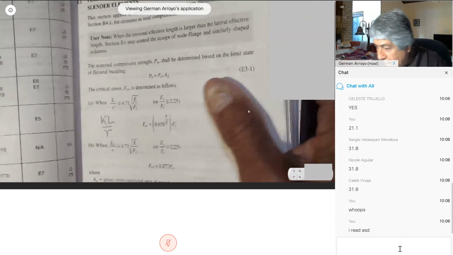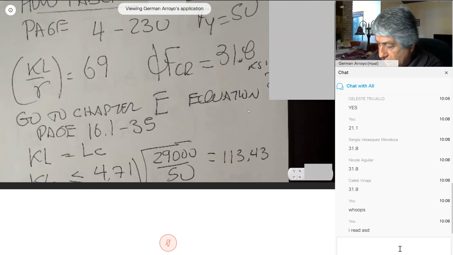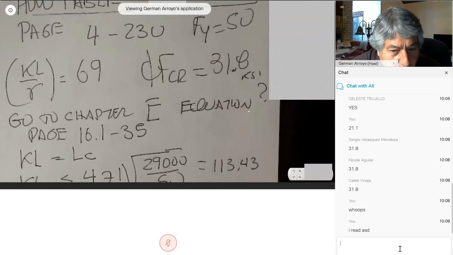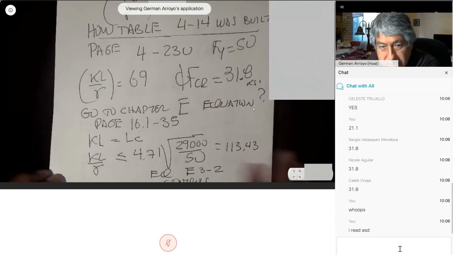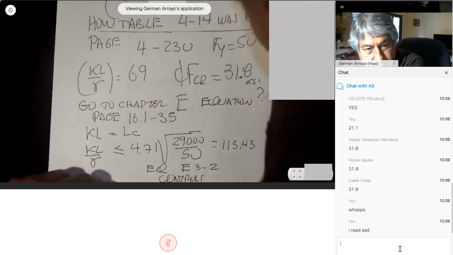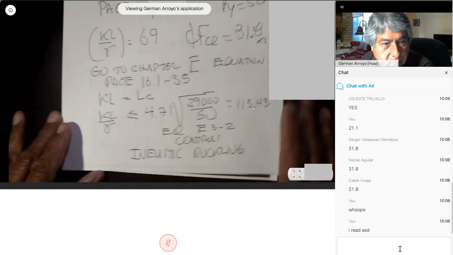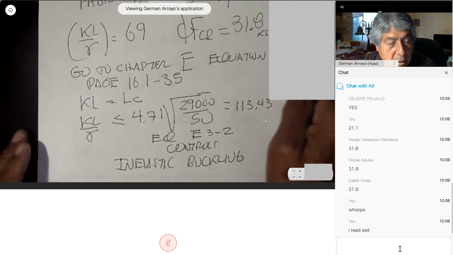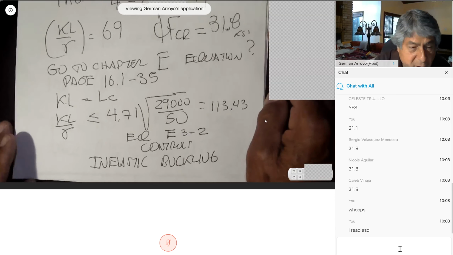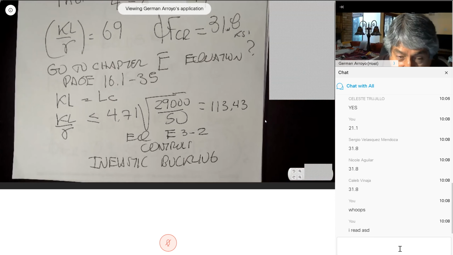So I had done the computation below, and you should have this. Our value of KL over R, and remember, I'm not saying KL over R X or KL over R Y, it is the largest value.